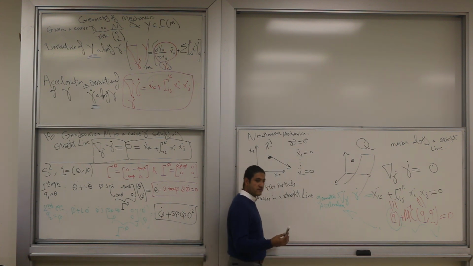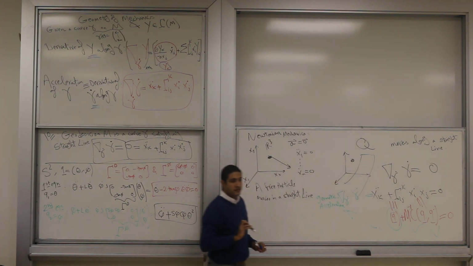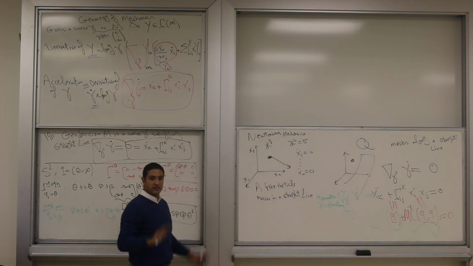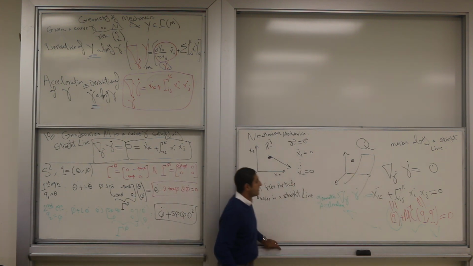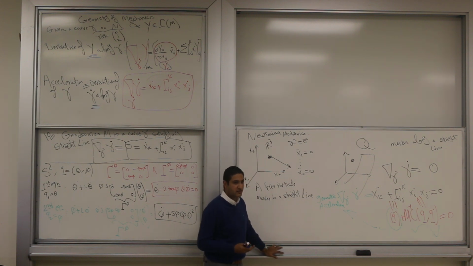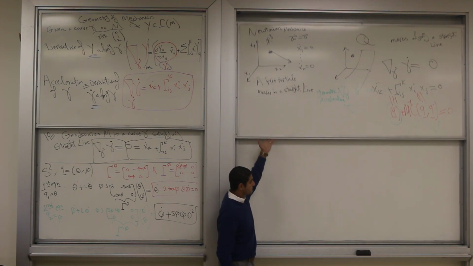But I tell you, without this concept, the generativity would not have been developed at all, for sure. That is the generality of the concept. What's the generality of the concept? My free particles move along straight lines in whatever space you have.